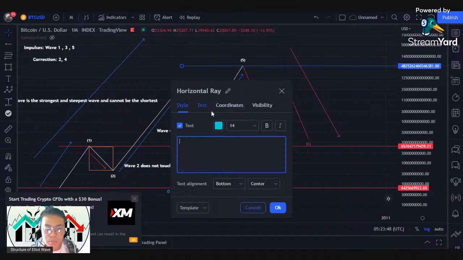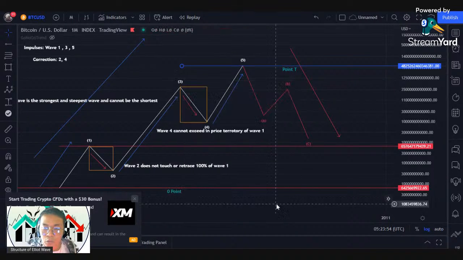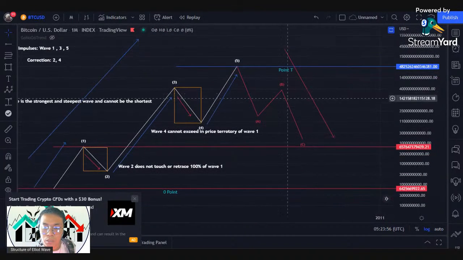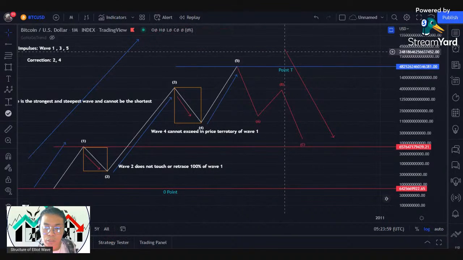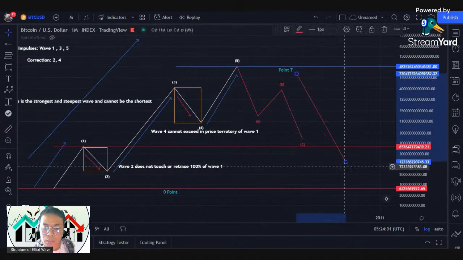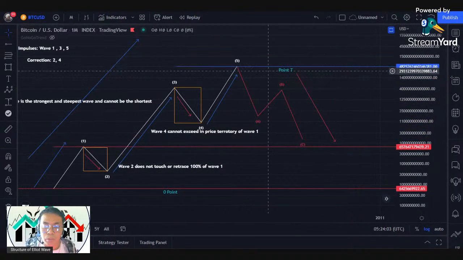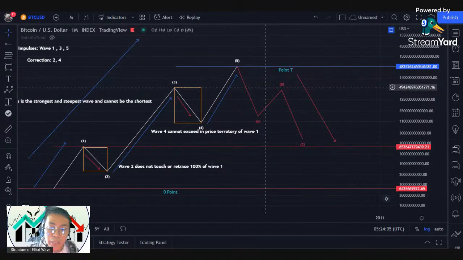Or the termination point, which is where most traders take profits. Okay, this is the point where we are going to get our profit.